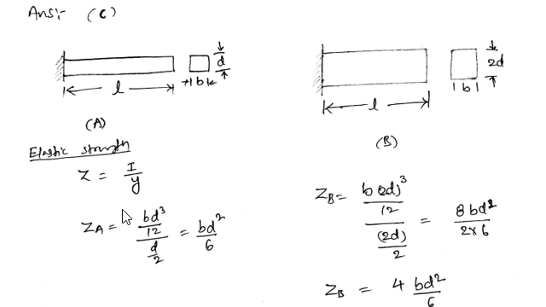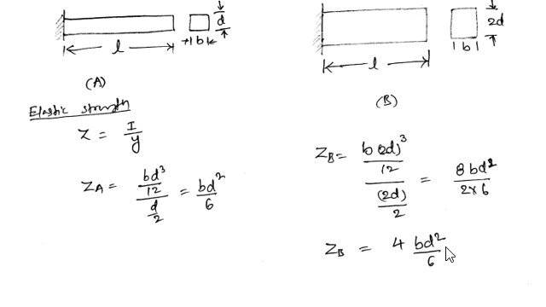When you simplify, the section modulus for beam A is BD square by 6. For the same type of beam with depth doubled, in place of D we write 2D. So it is 8 BD cube by 12, and when you simplify, D cube by D gives D square, and you get 4 times BD square by 6.